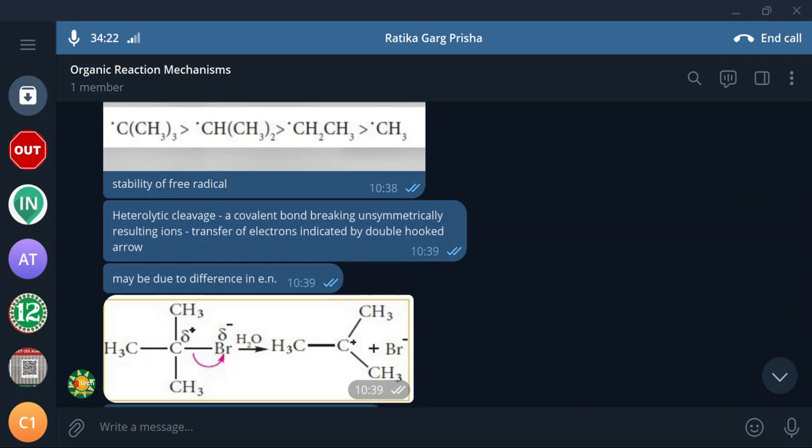So, what is heterolytic cleavage? When a covalent bond is broken or cleaved, there is a difference between breaking and cleaving. Suppose you take a paper, you can cleave that paper, you will not break it because it's soft. A bond is such a soft thing, so instead of breaking you can call it cleaving.